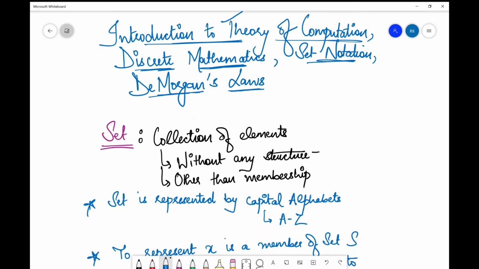For example, when I say that I have a set, let's say A, which has elements 1, a, and let's say o, then all of these elements are not related with each other in any manner, but they are linked with A by the relationship is a member of.